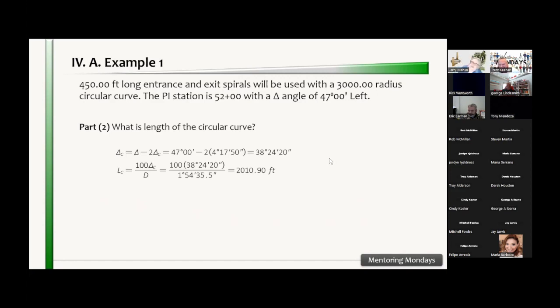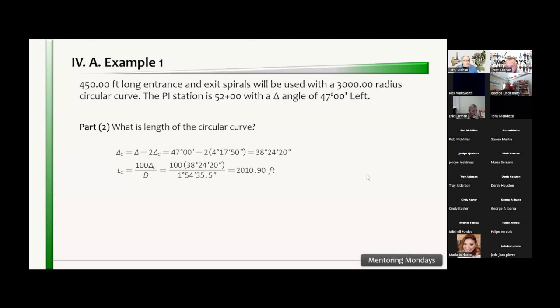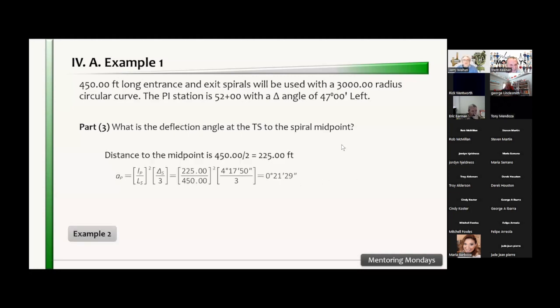All right. Well, then, what's the answer to the third one? What's the deflection angle to the center point of the spiral? Because that was the third one, right? Hold on, Derek's calculating. Okay, I'll let it go. Well, I'll throw this one up here.